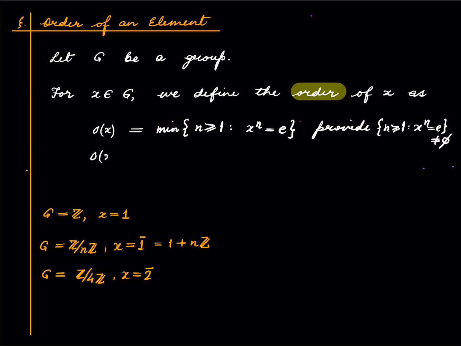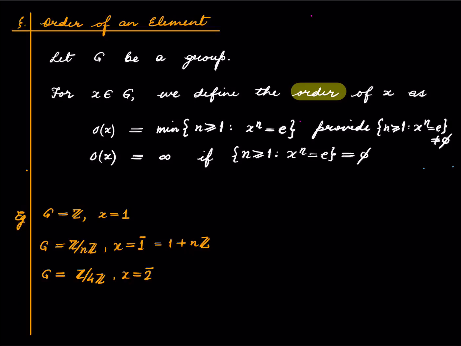And we also write order of x is infinite if this set is empty. So in a sense, we are saying, suppose there is an integer n for which this holds, then the order of x is the minimum positive integer for which this equation holds. And if there is no n for which this equation holds, we simply write order of x as infinite. That's it. Very simple definition, and let's see some examples.